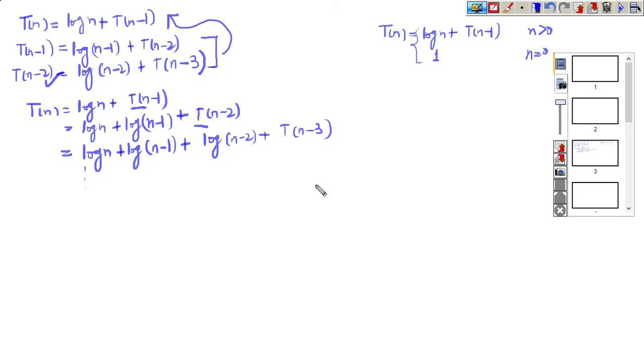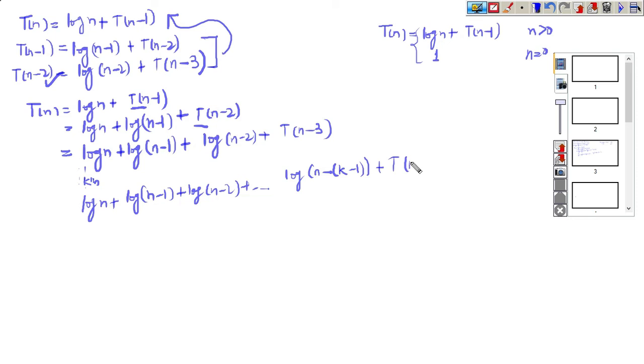So for the kth term, we get log n plus log of n minus 1, and we keep on expanding up to log of n minus 2, and it will be log of n minus k minus 1 plus T of n minus k. This will be the kth expansion.